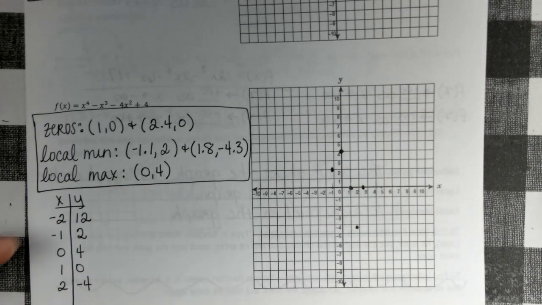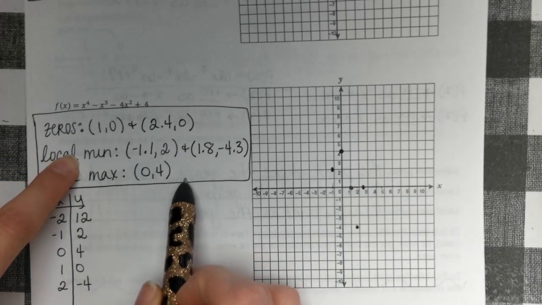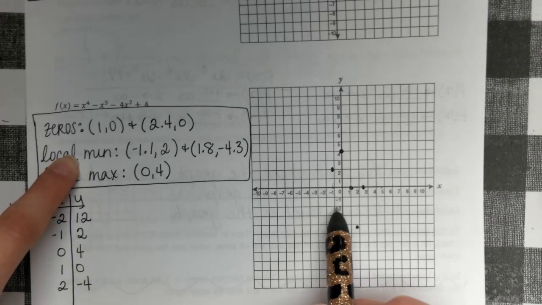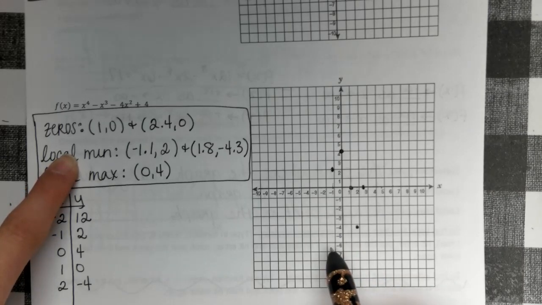And then I plot the points for my table. Okay? You don't want to miss these on your graph because then you're going to be missing the shape. Okay, so those points I just found from my calculator, I put those on my graph as best as possible. I know you have to estimate where those decimals are.